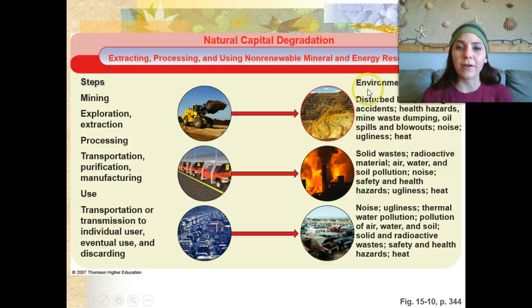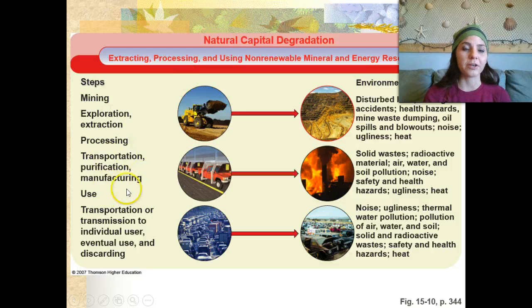Some of the environmental effects are obviously that we're going to disturb the land. There are mining accidents which can contaminate land and water. They can kill people if there's some type of explosion or materials that fall on top of somebody. There are health hazards, mine waste dumping, oil spills and blowouts, and we also have noise pollution as well as just the ugliness of the site itself, and it produces heat.